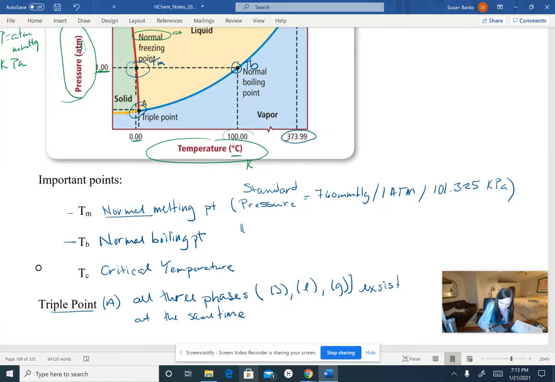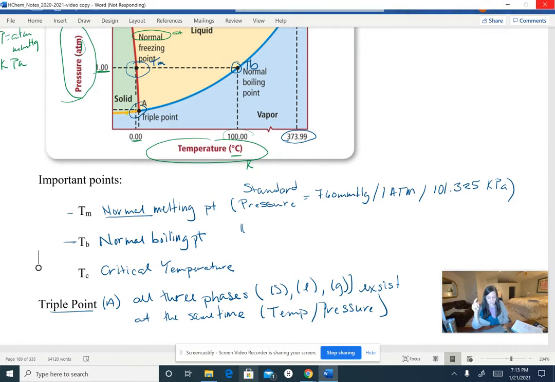So the triple point is the temperature and the pressure that we need for that substance for all three phases to exist at the same time. And yes, you can get all three phases existing at the same time. On our next round of modules, I will put a video showing a triple point demonstration of water. It's really cool to see water boiling and freezing and all of it going on at the same time.